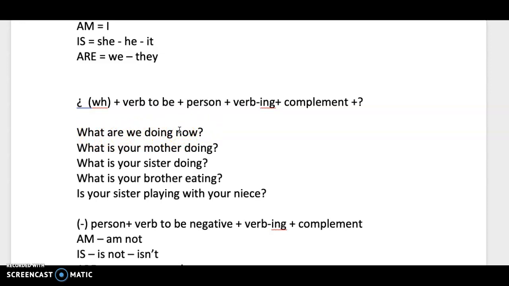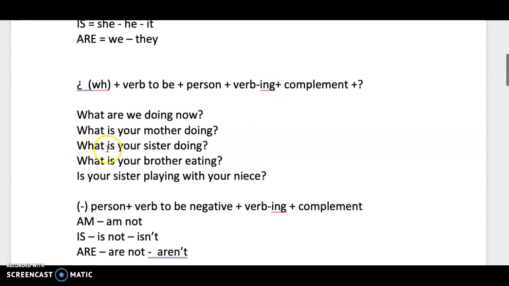Remember that we use the verb to be for situations that are happening in the moment, for situations that happen now. Now, another example that we have here is what is your mother doing? ¿Qué está haciendo tu mamá? What is your mother doing? So we have what, the verb to be, because it's only one person, we are talking about your mother, and the verb with ing, and there's no complement here.